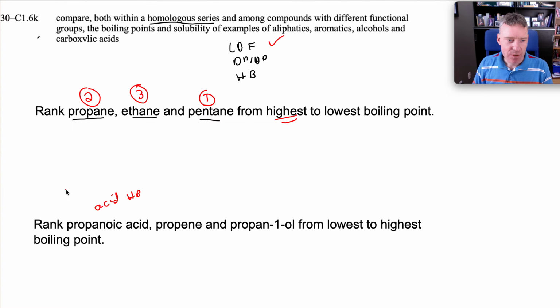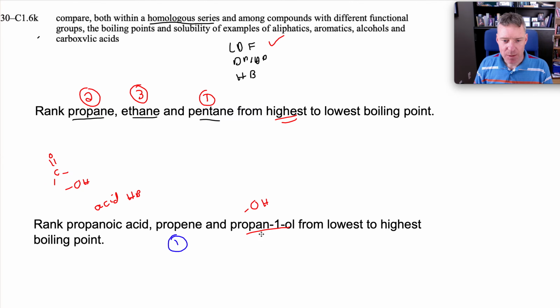It's got that OH that can H bond, but it's also got that carbonyl C double bond O that's quite polar. So that's going to beat this alcohol that only has the OH. And then we've got our propene with just London dispersion forces. So our lowest forces would be propene, just London dispersion.